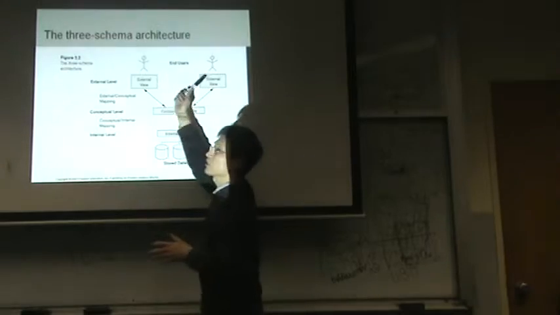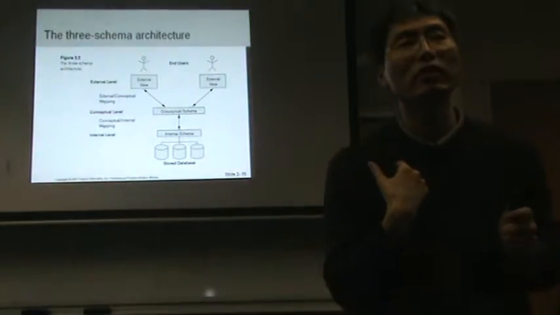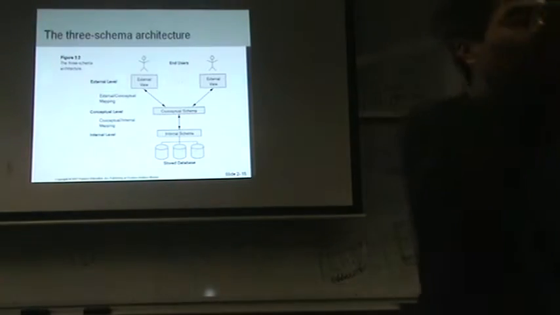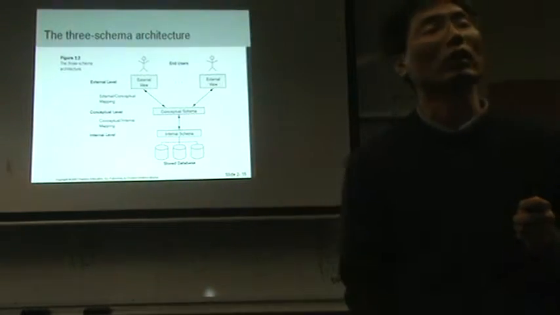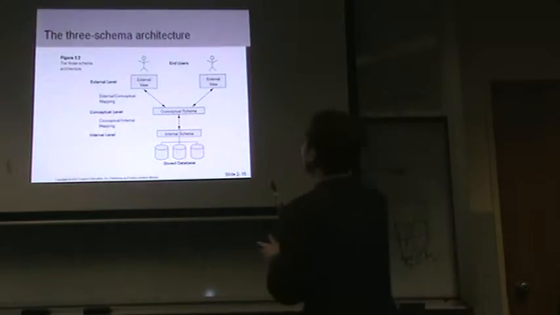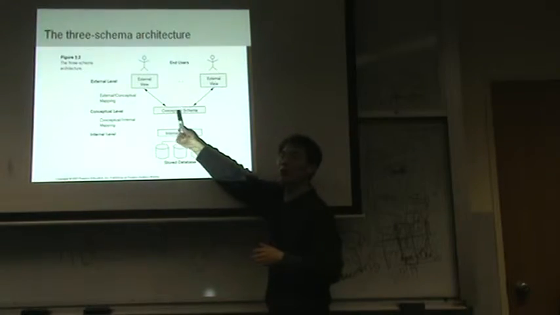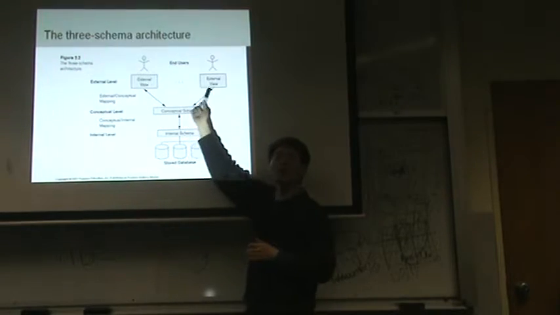The last one is the external view. Can you remember, at the beginning of class I mentioned there's one real table, but there can be multiple views? How can we implement that? We have one student table, the conceptual schema, but it can be viewed differently.